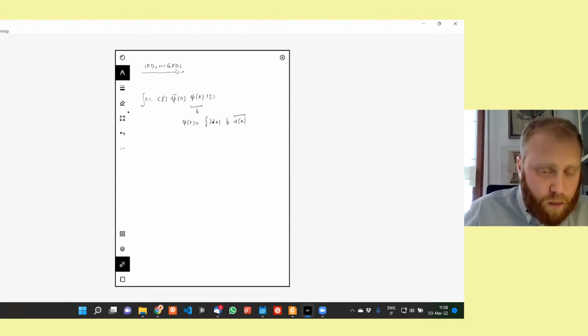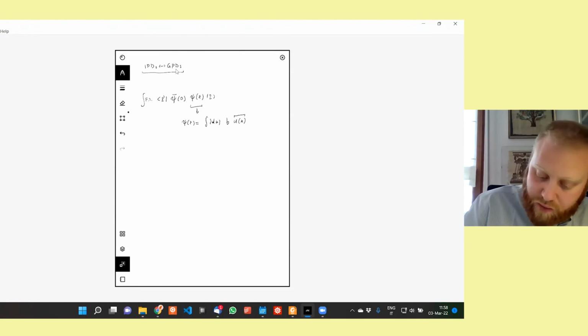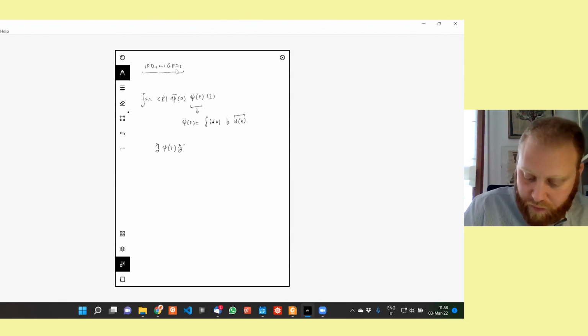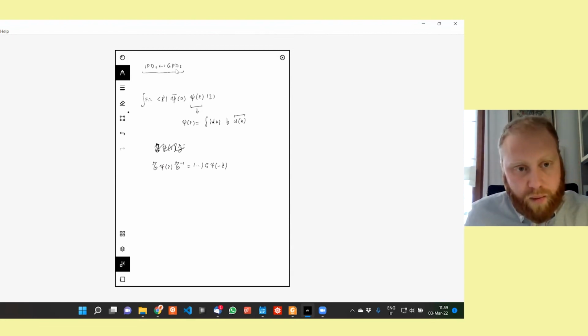You can do it. I mean, once you say that the time reversal operator acts on psi of z, T psi of z T minus 1, this acts as whatever prefactor, the charge conjugation matrix, on psi of minus z bar, right?